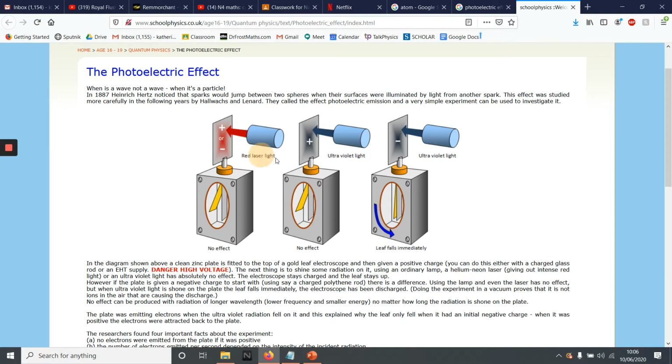So when we use red light, which doesn't need to be red, it can be any visible light, but red light for this example, we don't see anything happening. That's because the photons being emitted from this laser don't have enough energy associated with them for the electrons to escape the atom.